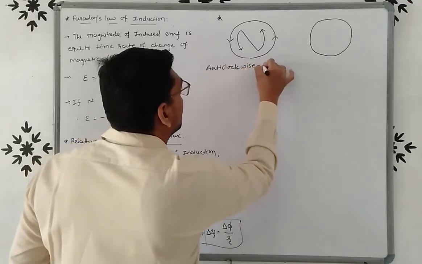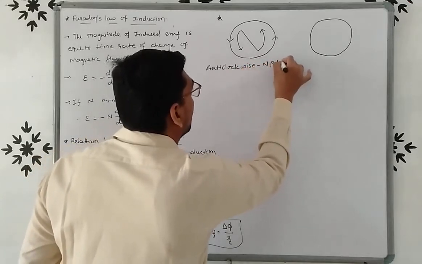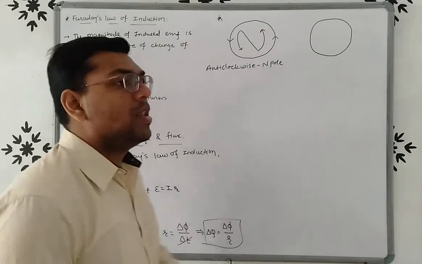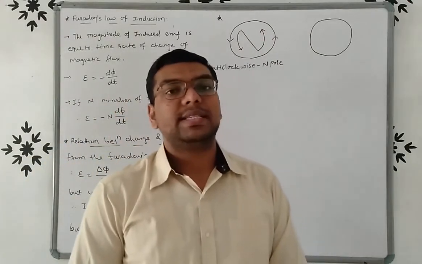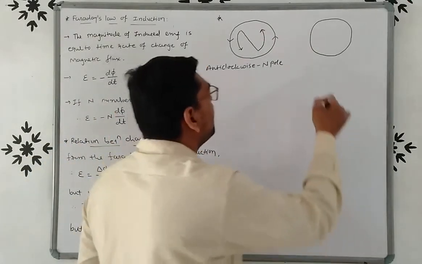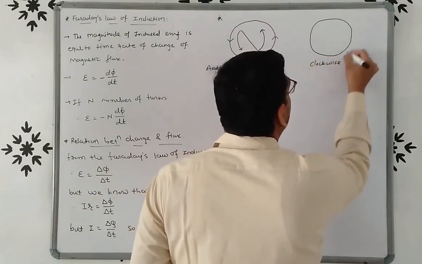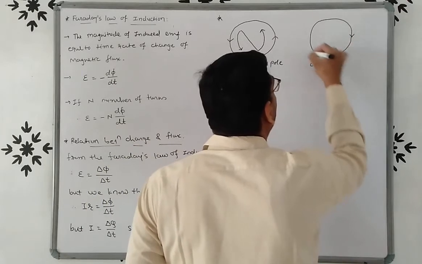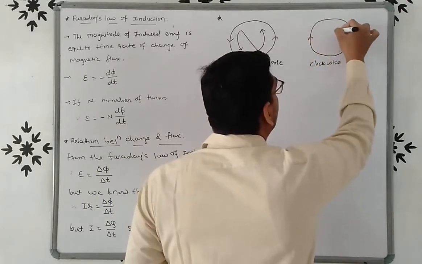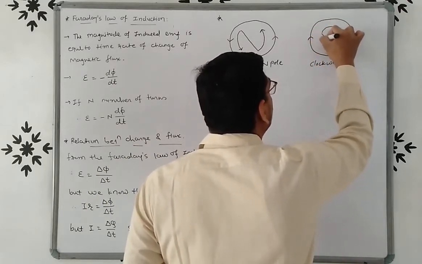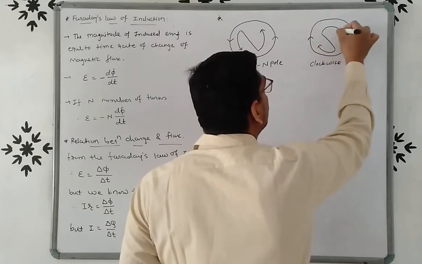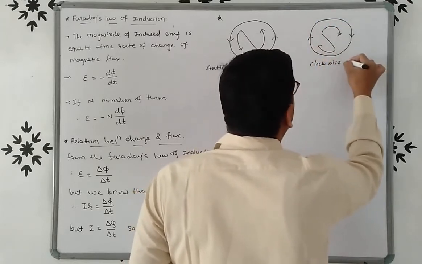then the coil behaves as a north pole, and if the direction of current is clockwise like this, then the coil behaves as a south pole like this.